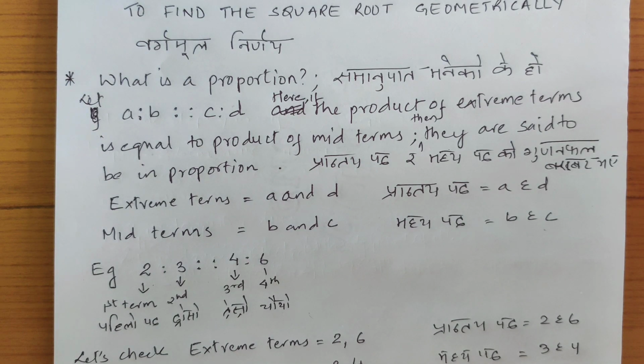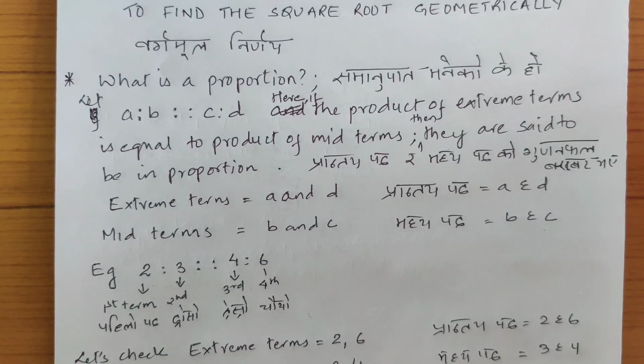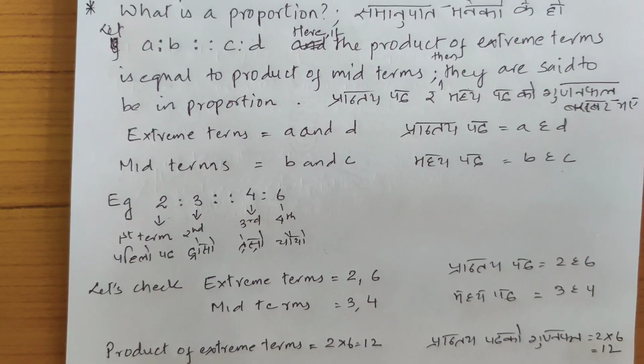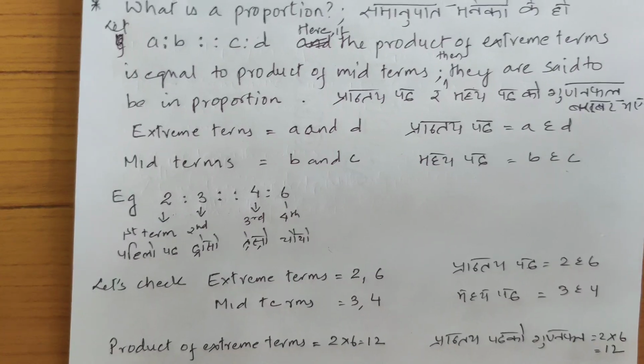So let's take one example: 2 is to 3, double colon 4 is to 6. So here 2 is the first term, 3 is called the second term, 4 is called the third term, and 6 is called your fourth term. So again out here, 2 and 6 are your extreme terms, 3 and 4 are your mid terms. So I've written the extreme terms 2 and 6, and I've written the mid terms 3 and 4.